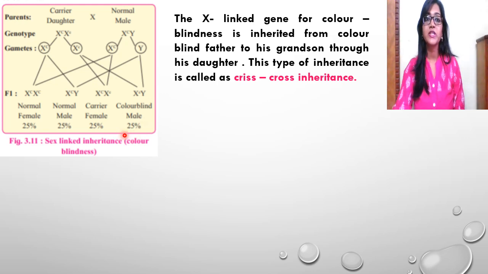There are 25% chances when this X chromosome, which is having the recessive gene responsible for color blindness, if that ovum gets fertilized with this Y, then such type of XcY males, with the X chromosome with the small c, the gene responsible for color blindness, will be colorblind, okay.